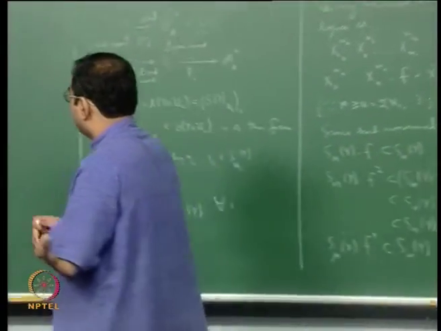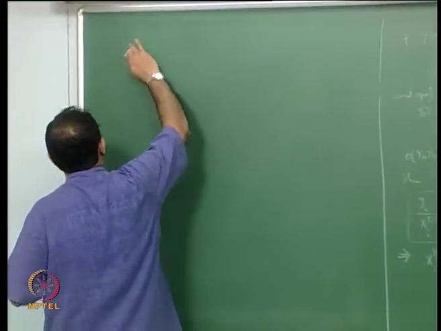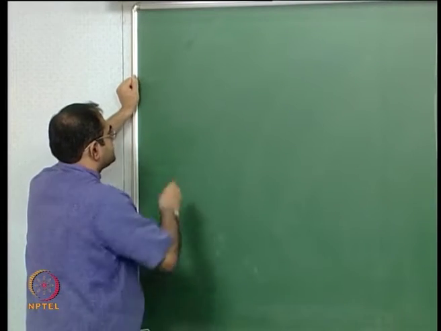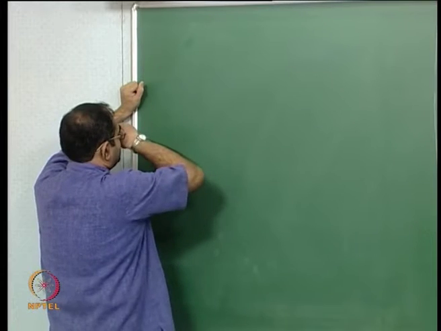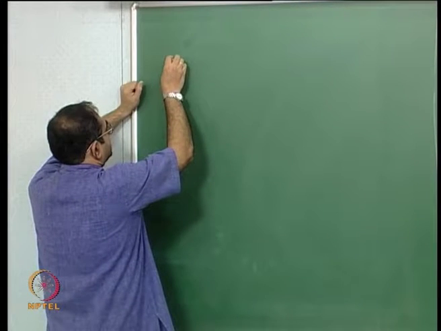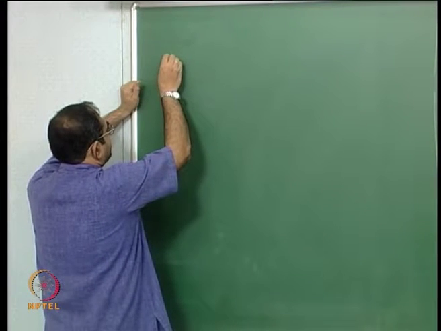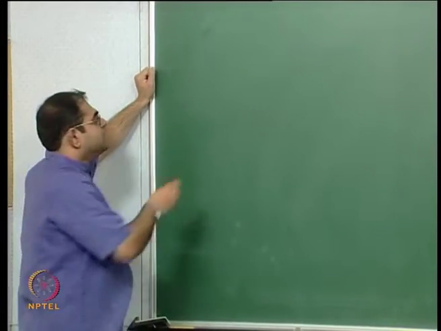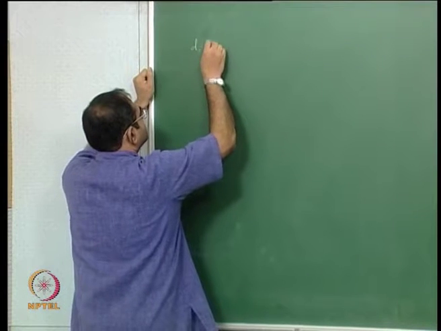To explain that, I am going to look at a very simple situation. I'm going to describe what is called the D-uple embedding.